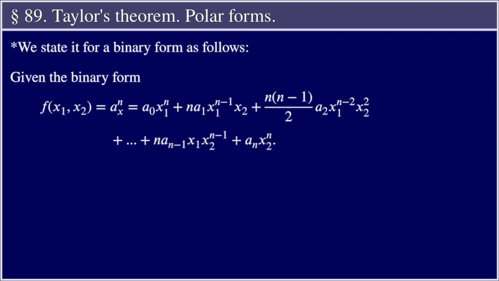Given the binary form f(x_1, x_2) equals a_x^n equals a_0 x_1^n plus n a_1 x_1^(n-1) x_2 plus n(n-1)/2 a_2 x_1^(n-2) x_2^2 plus ... plus n a_(n-1) x_1 x_2^(n-1) plus a_n x_2^n.